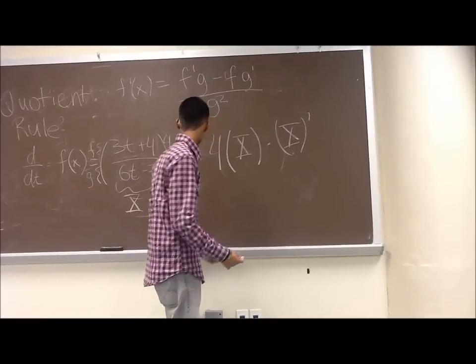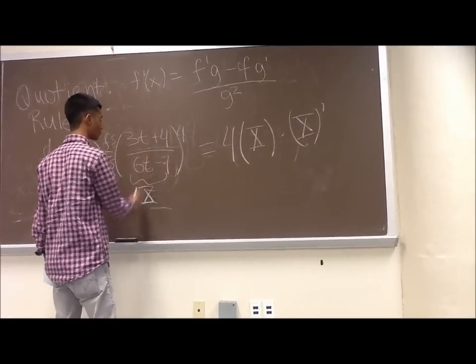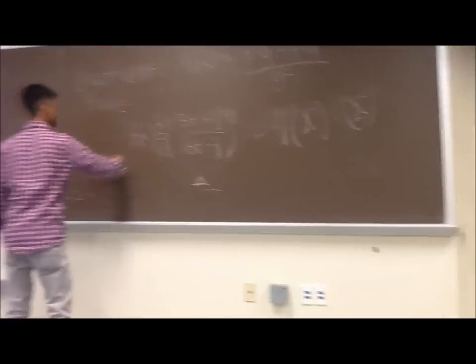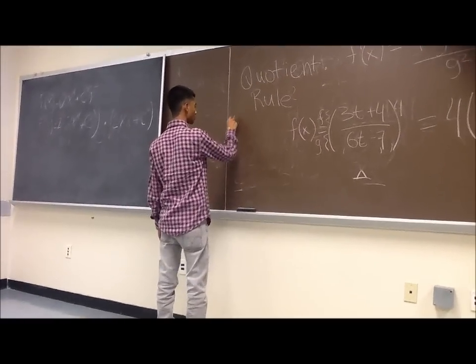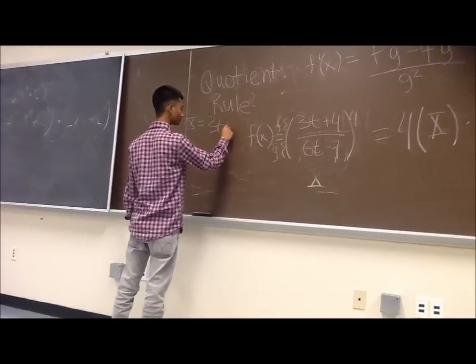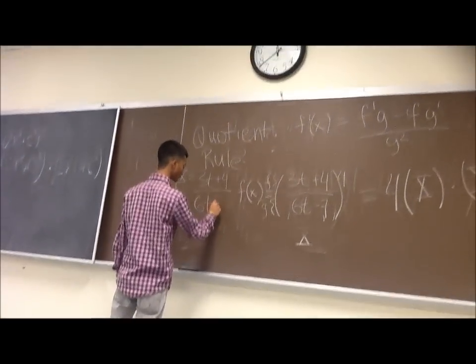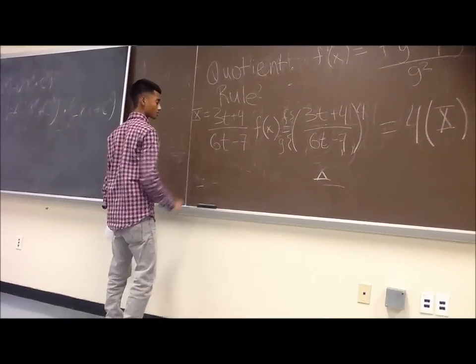Since we're running out of time once again, I'm just going to cut to the chase and show you how to use the quotient rule for this problem. So let me erase right here and let me rewrite. 6t minus 7. So this is what the big X is.